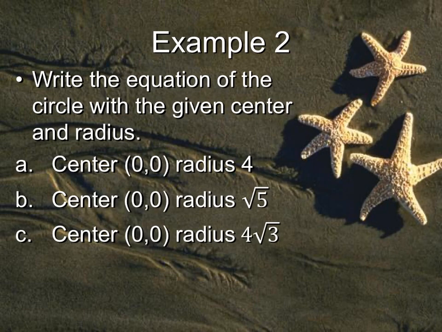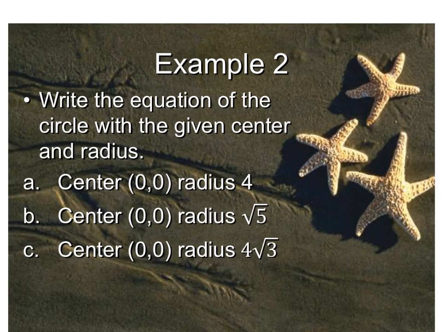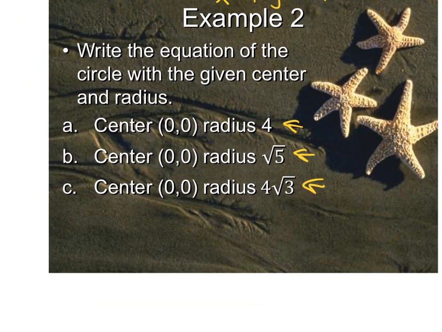Again, it wants us to write an equation of the circle given the center and the radius. Notice on all 3 examples here, my center is at 0, 0. So again, the formula I'm using is x squared plus y squared equals r squared. All I really have to do is take each one of these radii and square them. For part A, I'm going to do x squared plus y squared equals 4 squared.